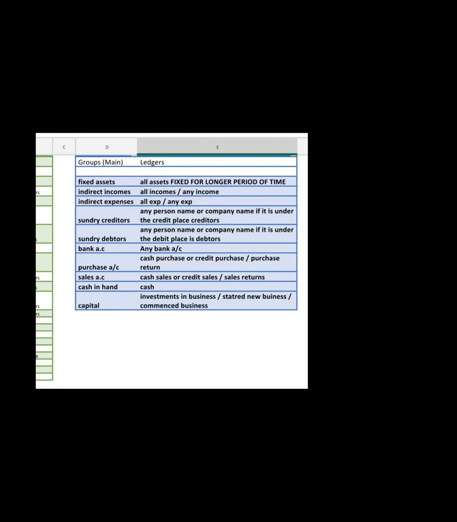Sundry creditors' names and their transactions are mentioned in the sundry creditor book. Understand? That is manual accounting.